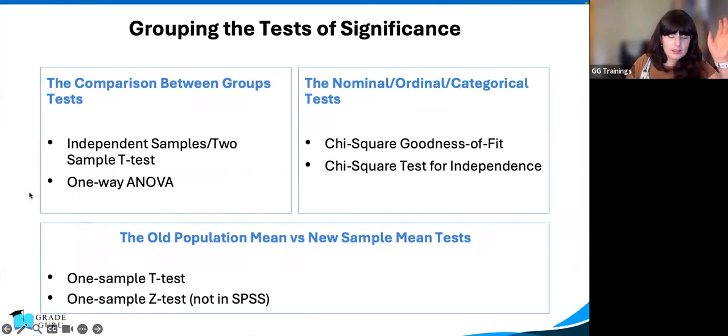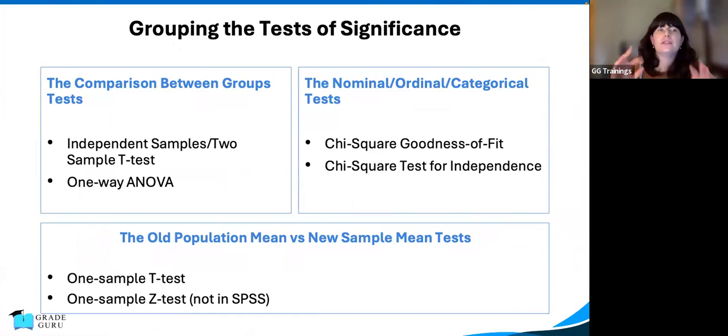One of the ways that I suggest that you try and remember all these different versions of testing variables is basically to group them by similarity. So the first one is there are tests that compare groups, or they compare categories. And that's the two-sample t-test and the one-way ANOVA. So if you see the word compare, comparison, are these two groups different?